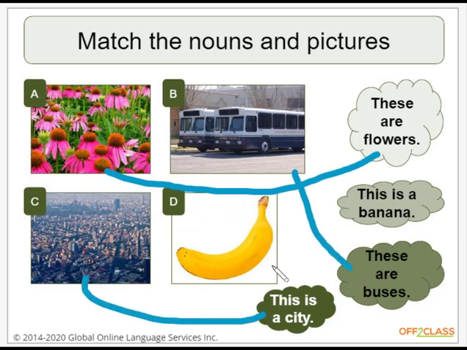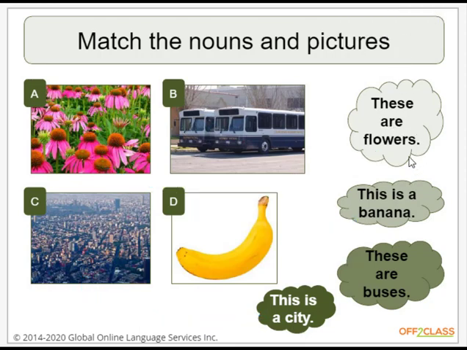This is a city. This is a banana, right? What do you notice about the differences? You notice banana, flowers, buses, city. Remember, this is a warm-up, but I'm just trying to get you thinking right now, noticing how the endings are different. Flowers, buses, why does one have ES, right? Interesting.